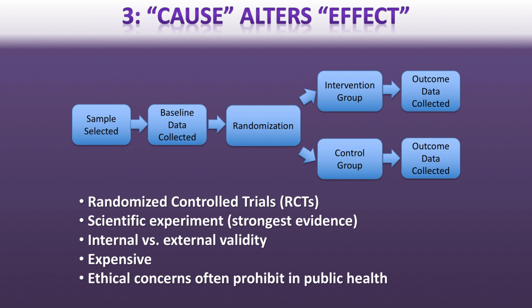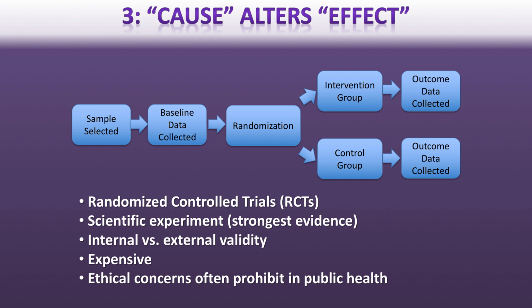You could imagine doing a study like this where you randomize different people to either smoke a pack of cigarettes a day or not smoke a pack of cigarettes a day. And then you watch them over time, and then you measure how many people develop lung cancer or don't develop lung cancer. So this is really helpful for being able to determine whether or not a risk factor actually causes a disease.